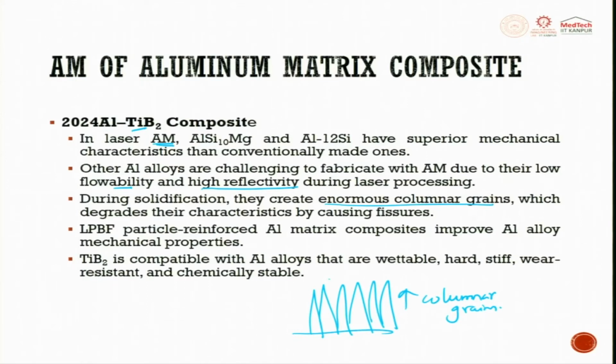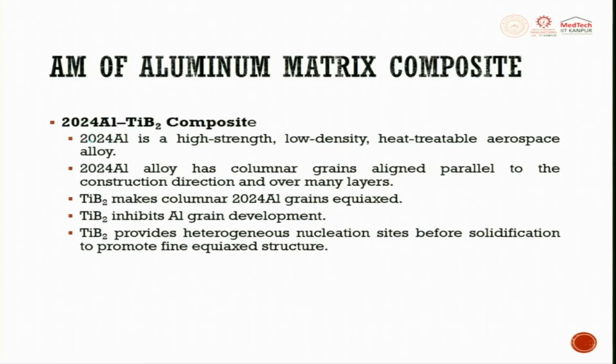Laser powder bed fusion particle reinforced aluminum matrix composite improves aluminum alloys' mechanical properties. TiB2 is compatible with aluminum alloys: it is wettable, hard, stiff, wear resistant and chemically stable. The 2024 Al is a high strength, low density, heat treatable aerospace alloy.